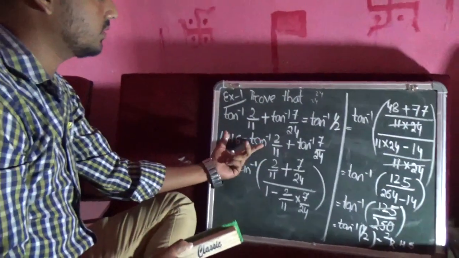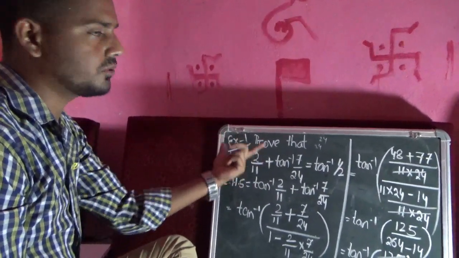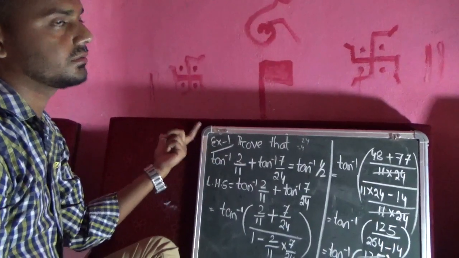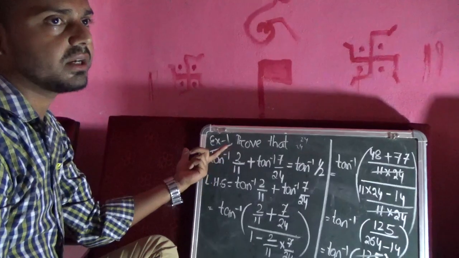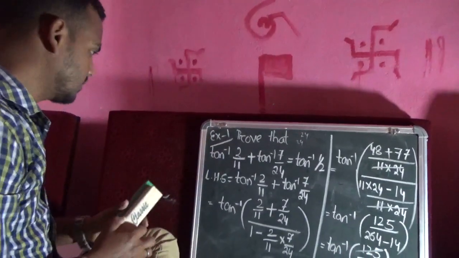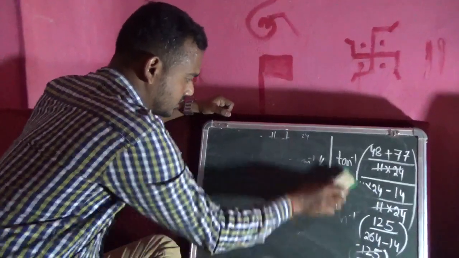In this way, by using the property, we can solve proof type questions, and if some trigonometric equations are given, then we can solve those equations also.